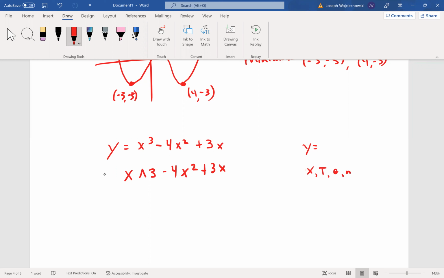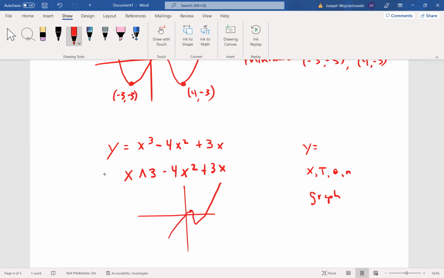So punch this into your calculator: x to the third minus 4x squared plus 3x. Then hit graph. Okay, we're going to get a shape that looks something like this.